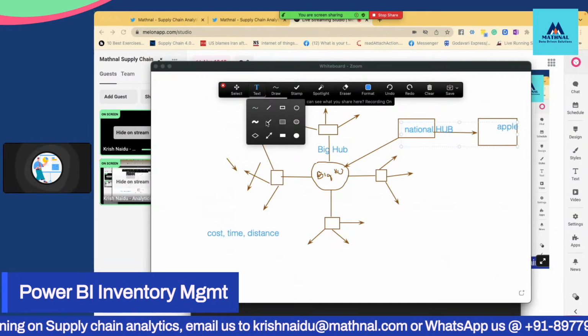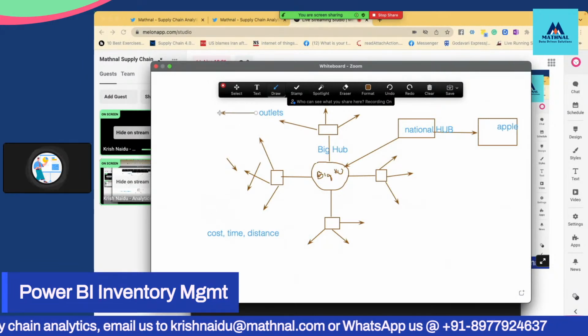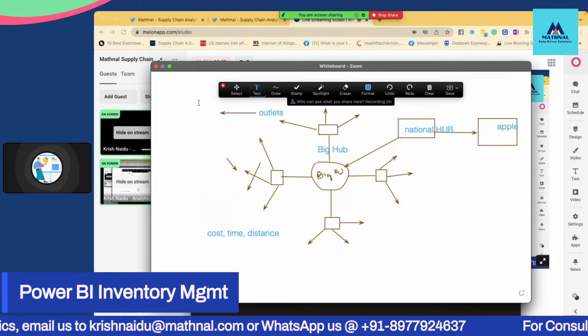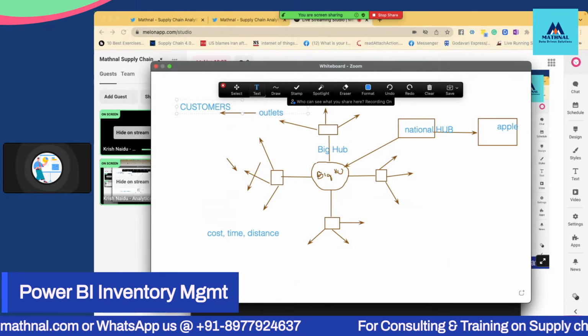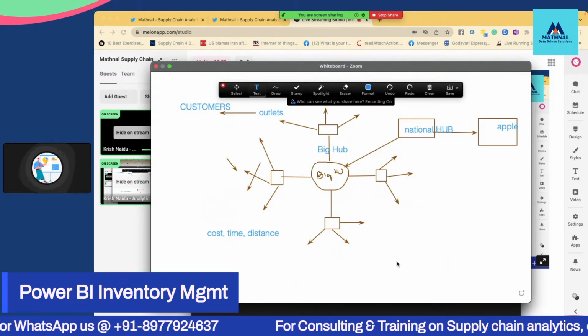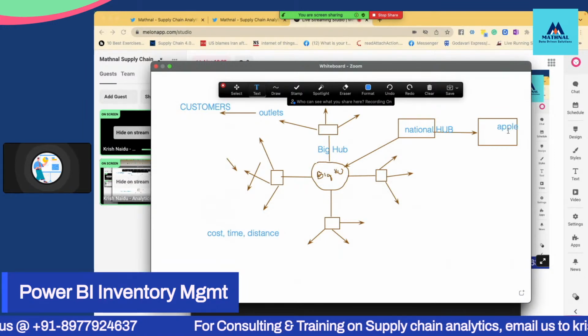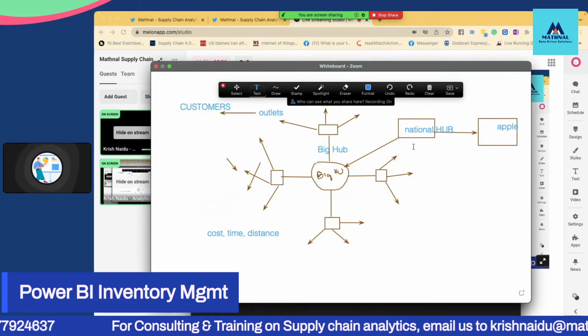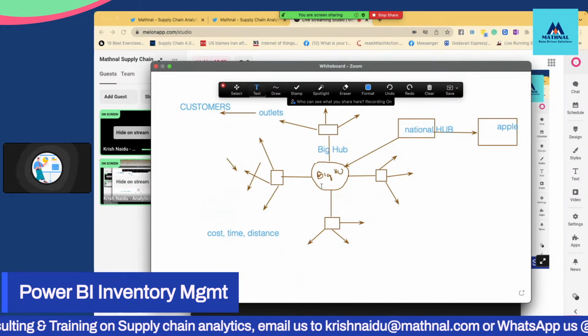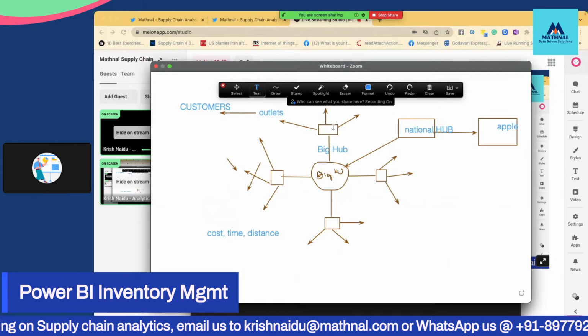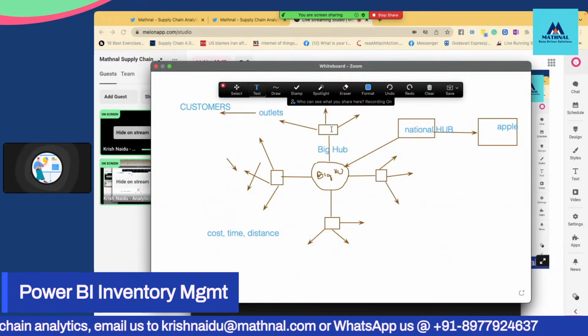Okay, sir. From the outlets, the customers are buying. If I see this network, Apple is a manufacturer, national hub is the distributor, big hub is the wholesaler, outlets are the retailers.